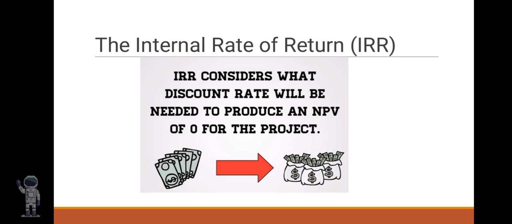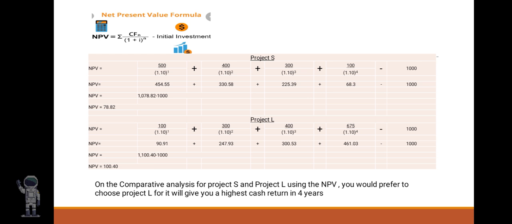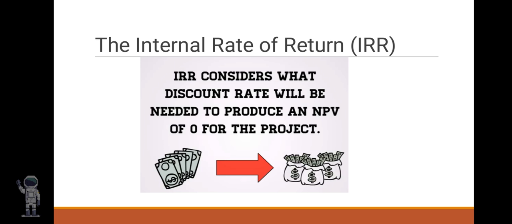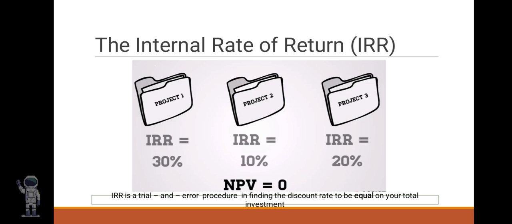So we are done with the net present value, where the long term project was the one chosen. So how about the internal rate of return? The IRR considers what discount rate will be needed to produce an NPV of 0 for the project.